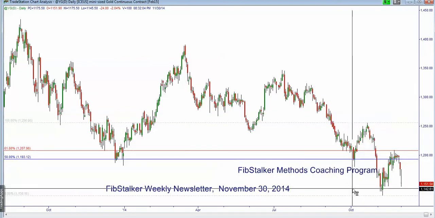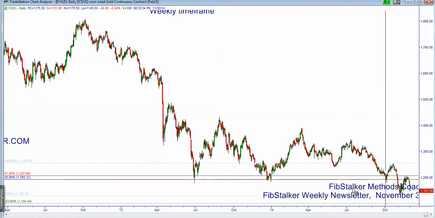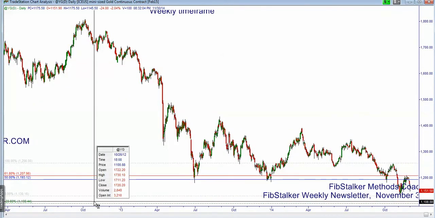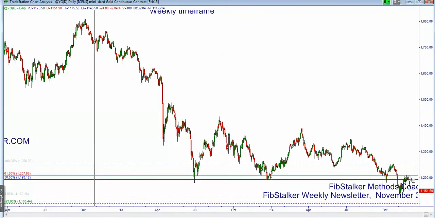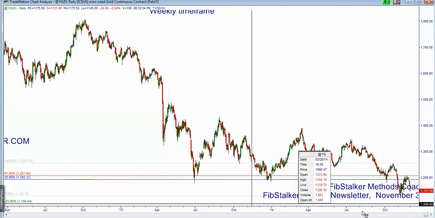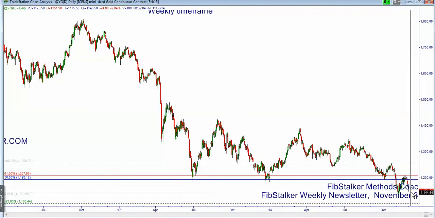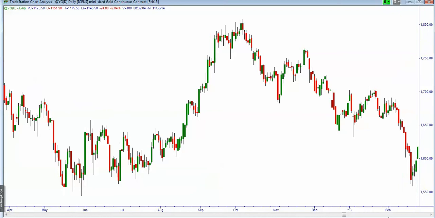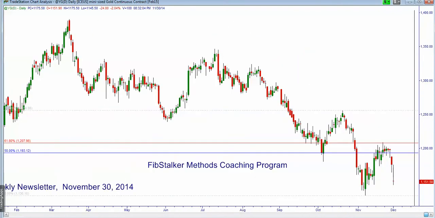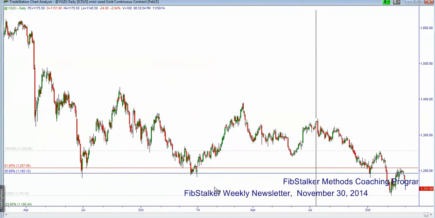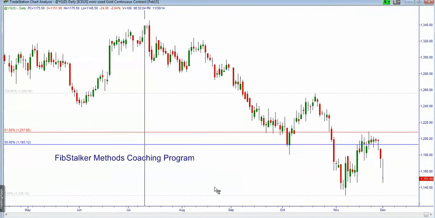It can move lower, so this is not a market to go long just yet. And if the sequence of measured move reverses, we can use the Fibs to go long, but at the moment this market is still continuing lower into 1100 here. Okay, and that's where we could see this market moving into.